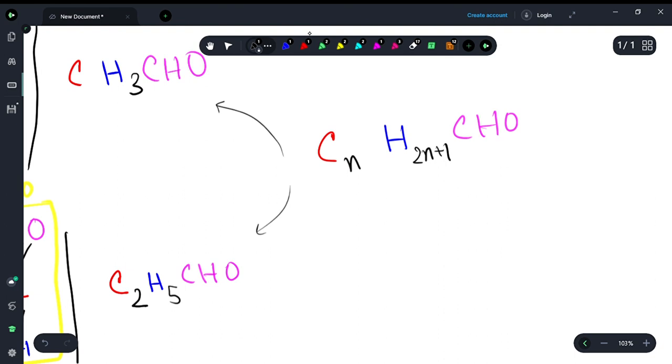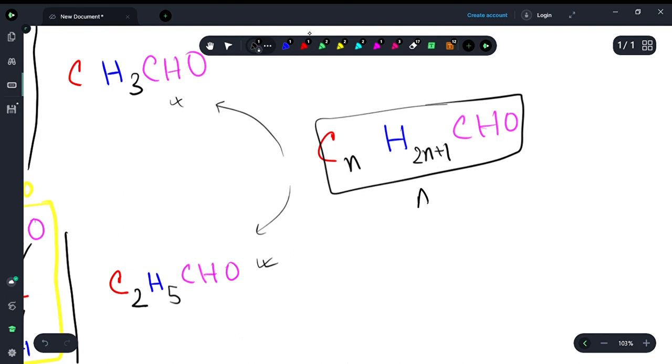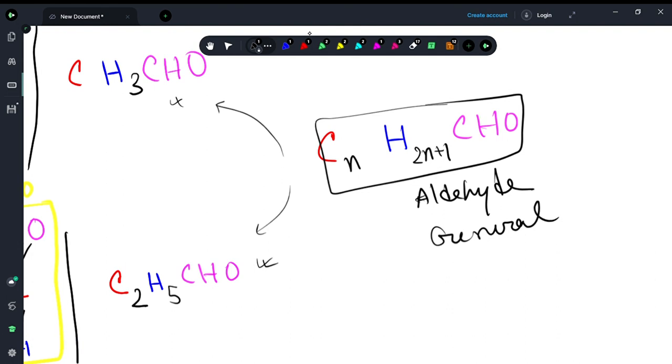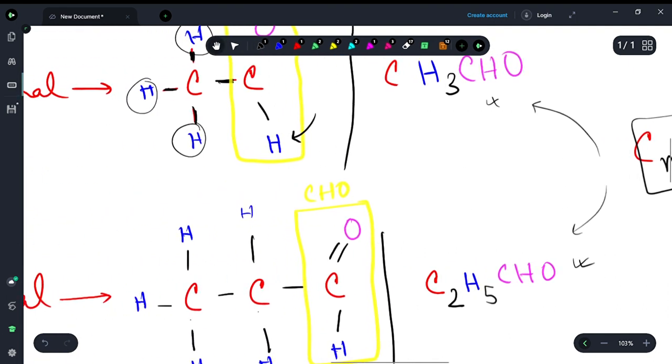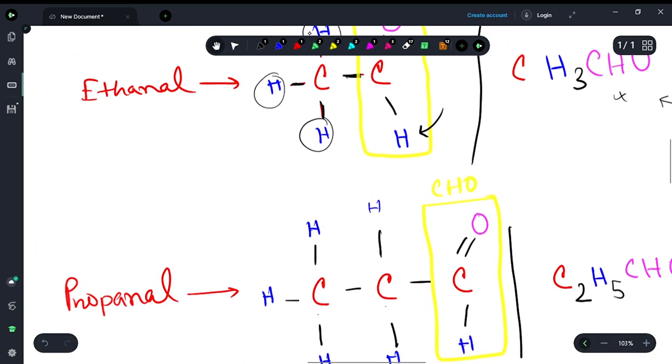So we can say it's the general formula for aldehyde: CnH2n+1 with CHO. By using this you can work out all the formulas. It's that easy.